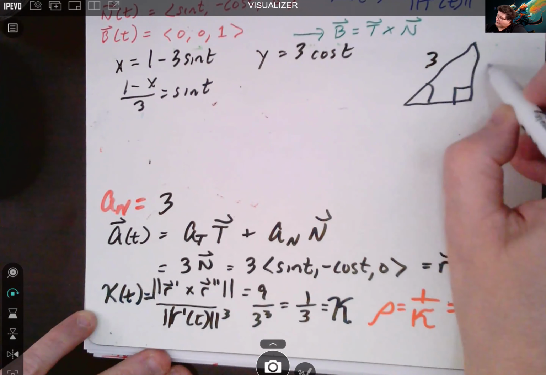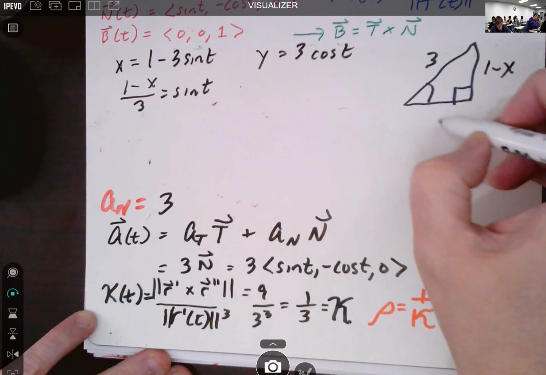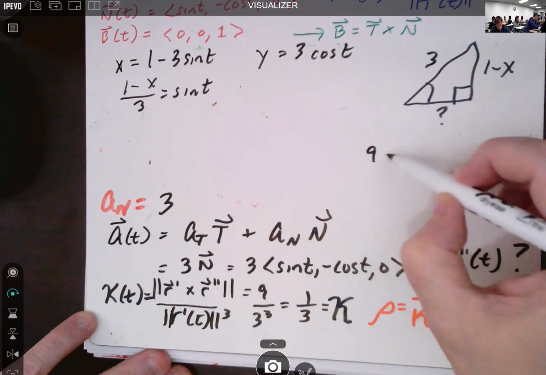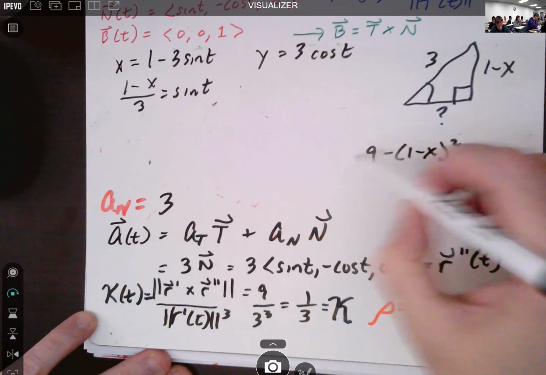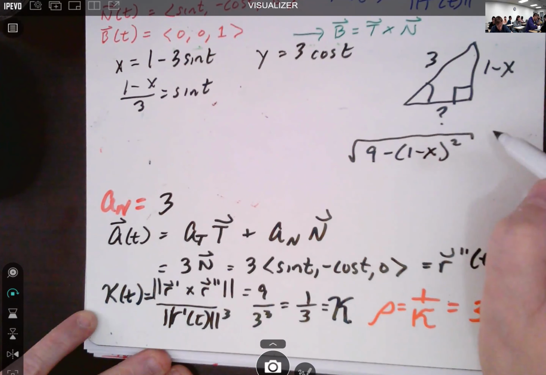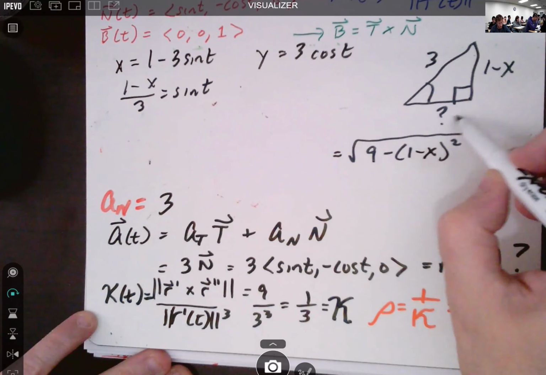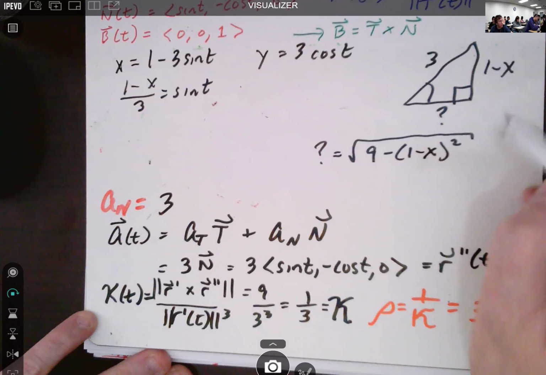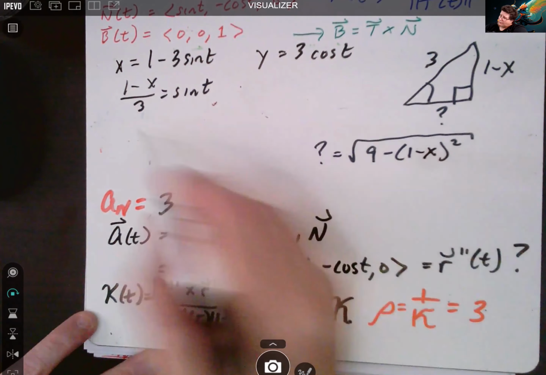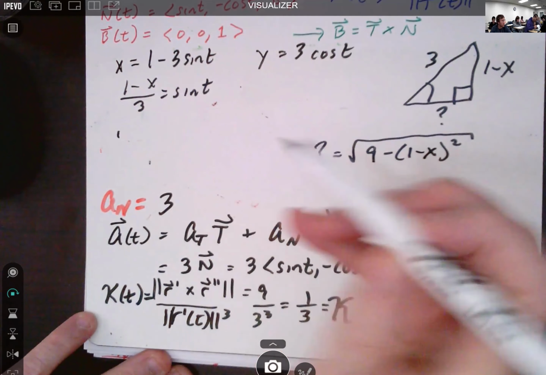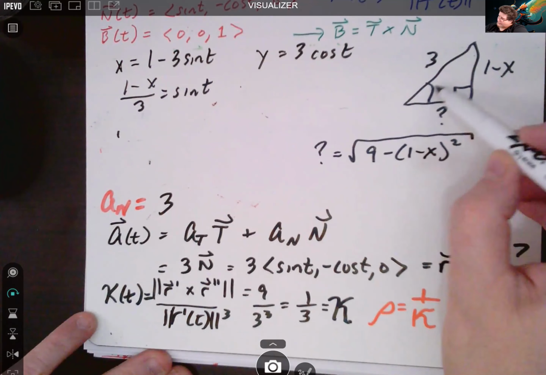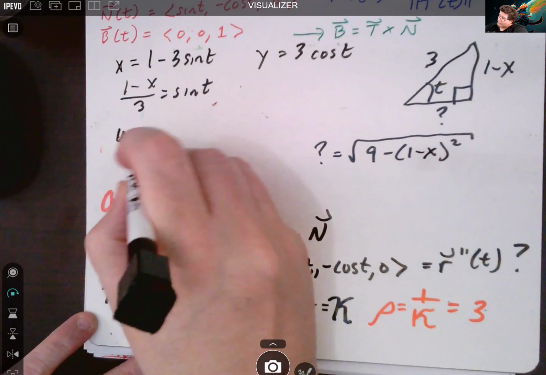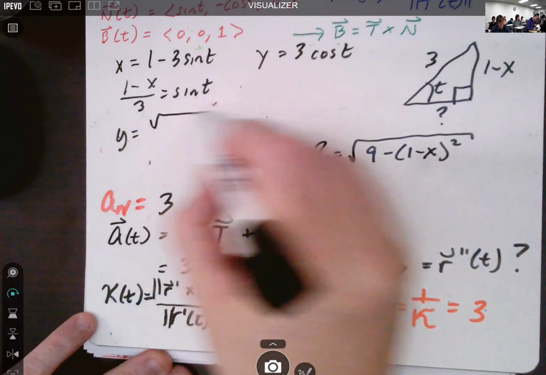Sine is opposite over hypotenuse. I need to change this t and then get rid of it. You can probably do the same thing with this. This doesn't involve any change. So y equals 3 cosine t, and cosine is adjacent over hypotenuse.